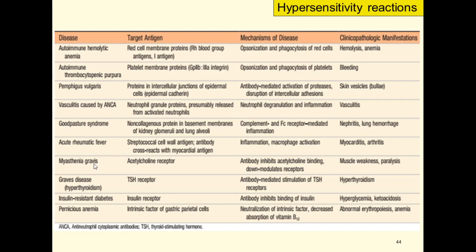Myasthenia gravis, antibody inhibits acetylcholine binding and down modulates the receptor. And Graves' disease, antibody mediated stimulation of the TSH receptor. And right now let's discuss each disease.